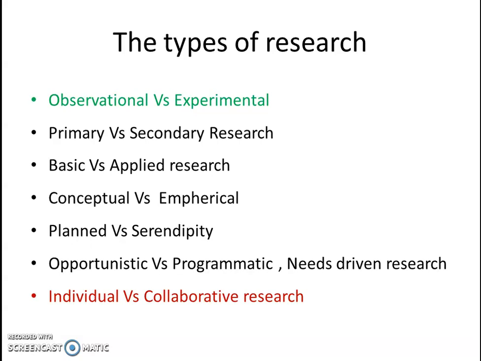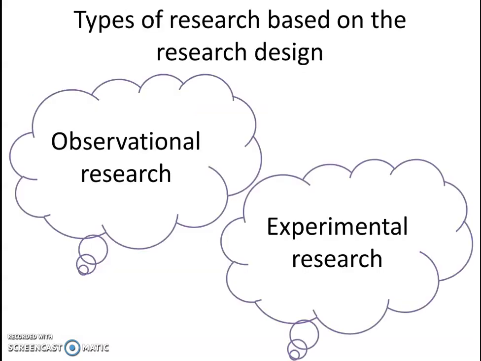Some of these types I am making clear so that we understand the whole nature of research and it helps us in negotiating our research in appropriate ways. So the first one, we broadly classify research based on the role of investigator in conducting that research.